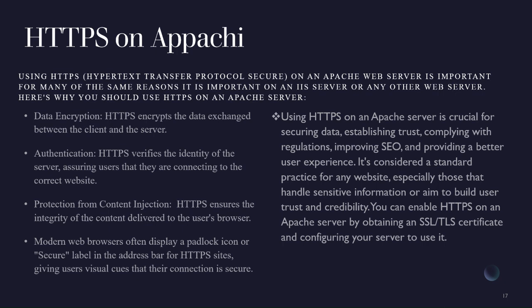It is considered a standard practice for any website, especially those that handle sensitive information or aim to build user trust and credibility. You can enable HTTPS on an Apache server by obtaining an SSL/TLS certificate and configuring your server to use it.